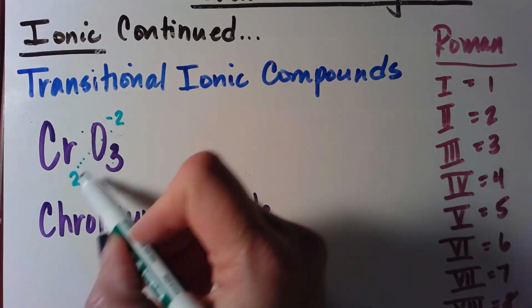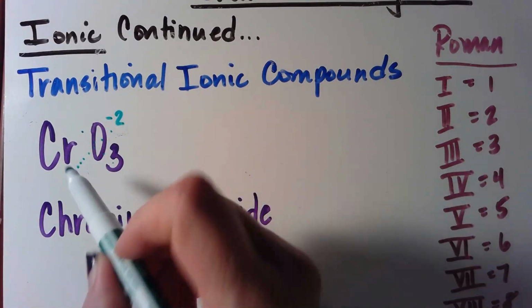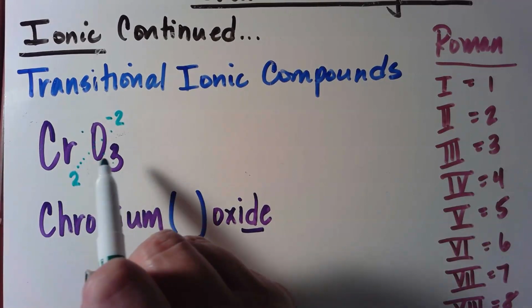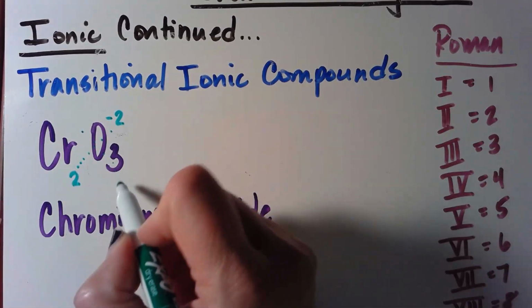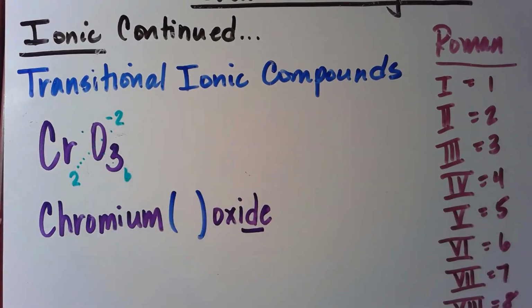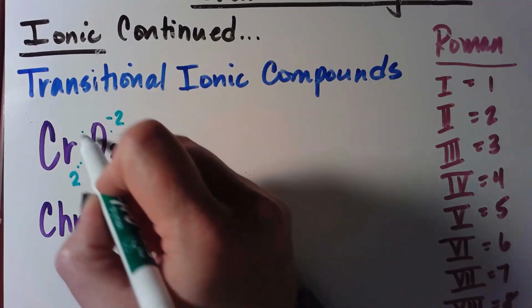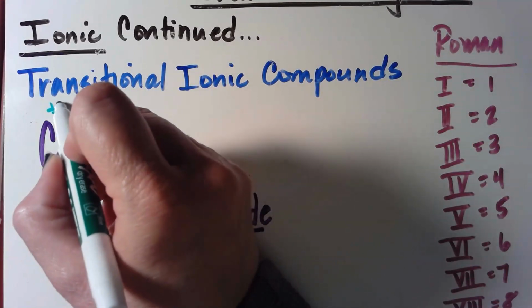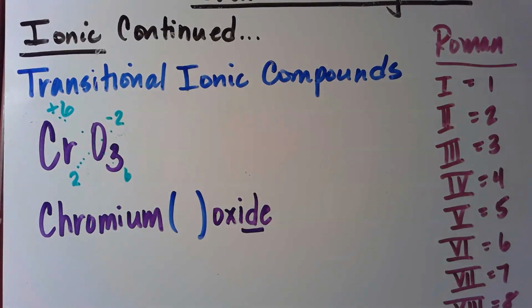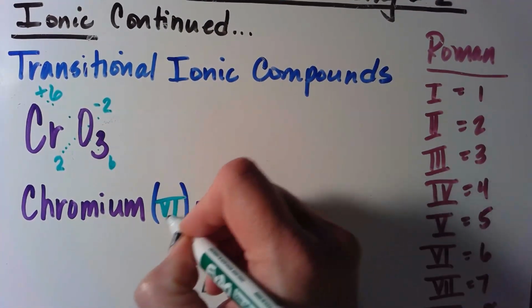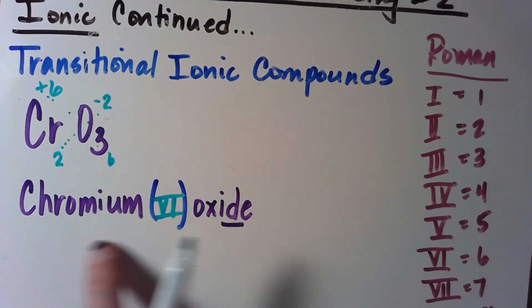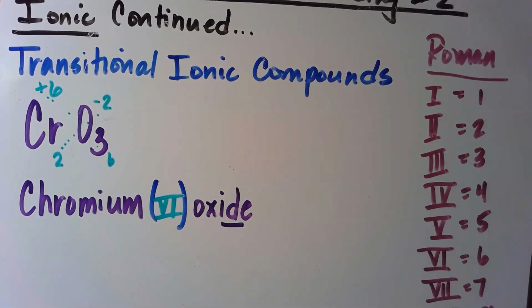So if there's a 2 there, then that really means what's 2 times 3? 2 times 3 is 6, which really means that that's a 6 and that your charge up here is actually a plus 6. And in here, you would write a 6 for VI. And then the actual name is chromium VI oxide.